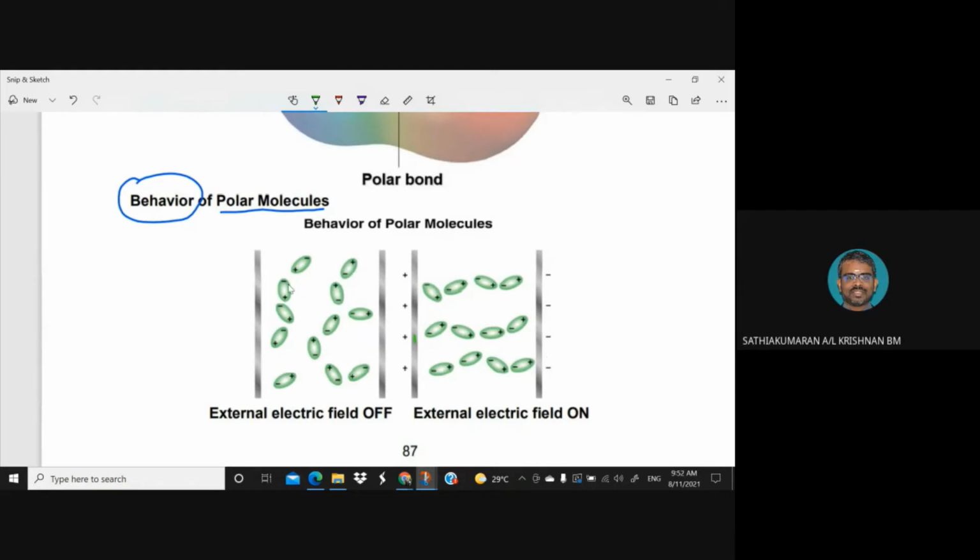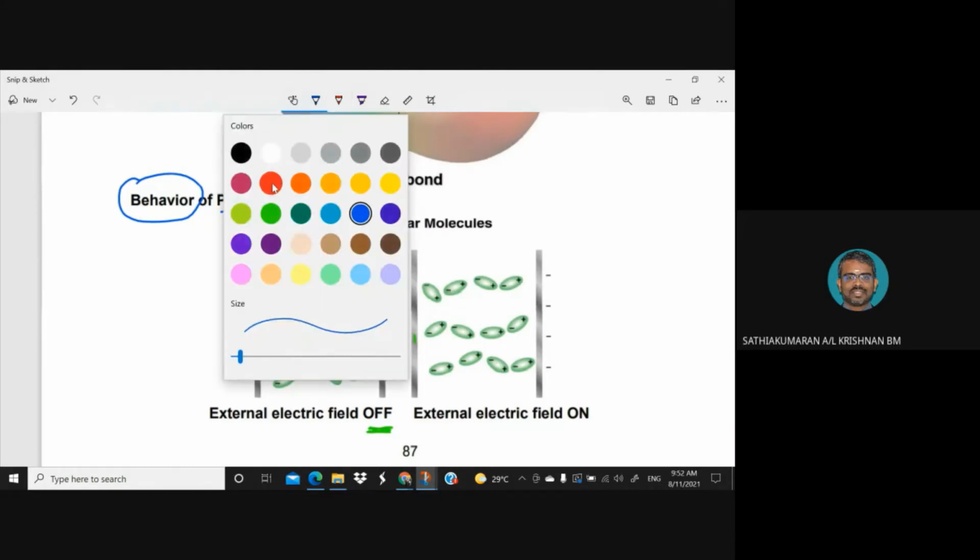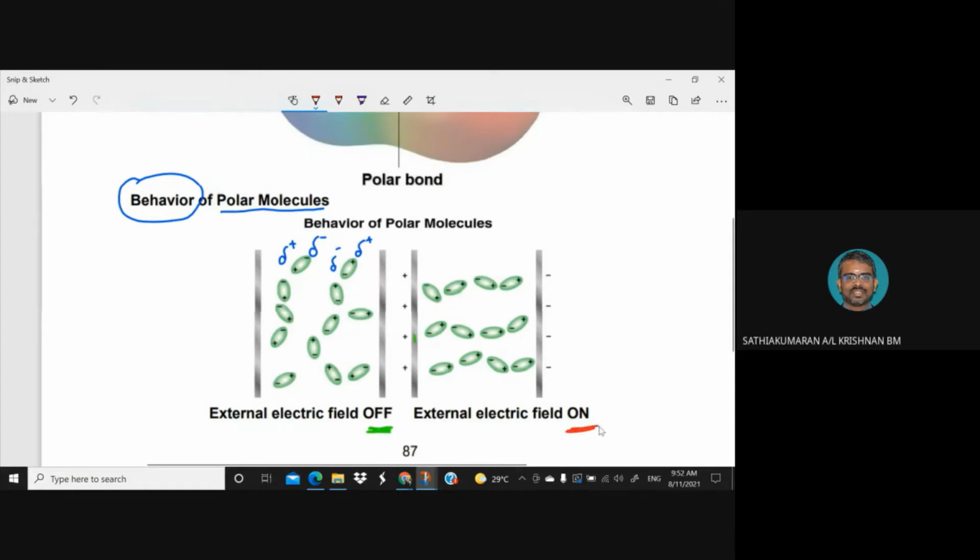Here the electric current is off, so the molecules are moving randomly. The positive and negative are the delta positive and delta negative. What happens when you switch on the electric field?